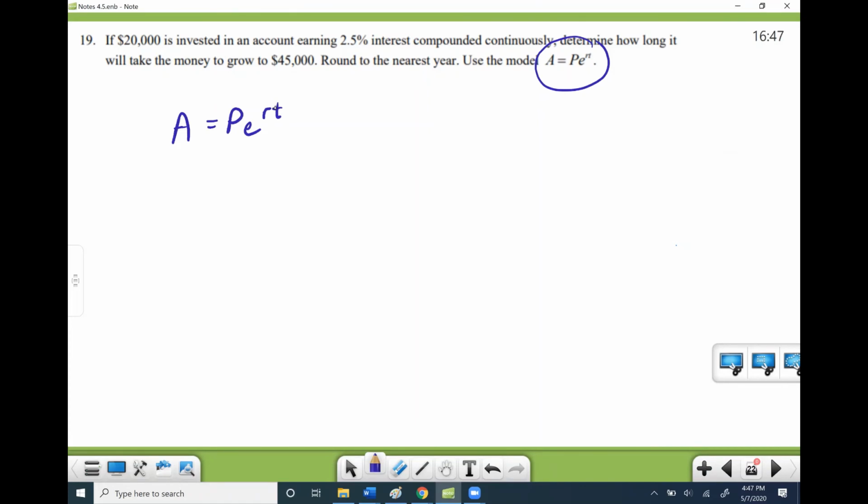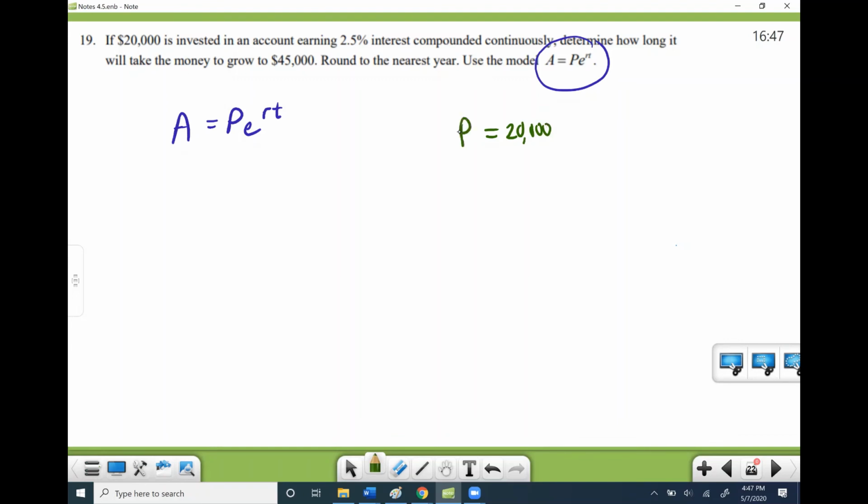Okay, so let's make a list of what we know. If $20,000 is invested, okay, so what would the 20,000 be? Which letter? Close. Super close. Yeah.